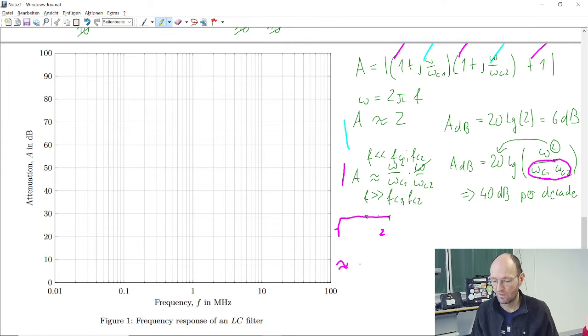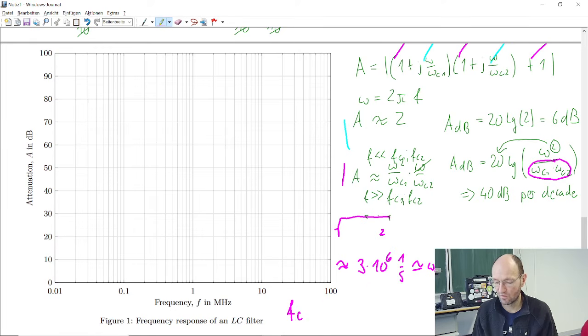The program. 3 times 10 to the power of not minus but plus 6, 1 over second. And if we convert this into a frequency, call this just omega c.